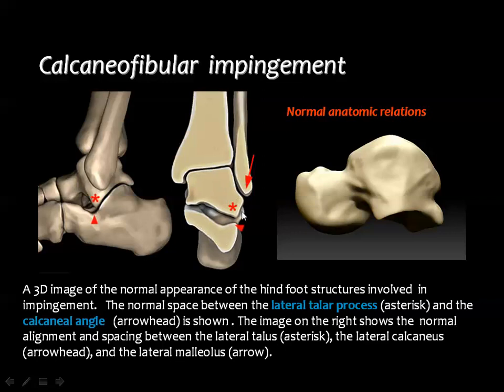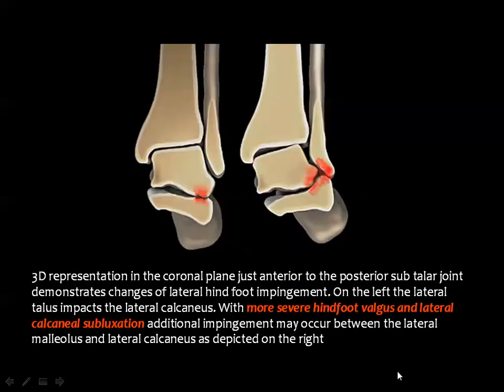Then there will be a direct contact between the fibula and the calcaneus, resulting in this calcaneofibular impingement. And this is the demonstration, and you can see that there is marked narrowing of the talocalcanean joint with valgus deformity of the calcaneus and displacement of the talus medially.